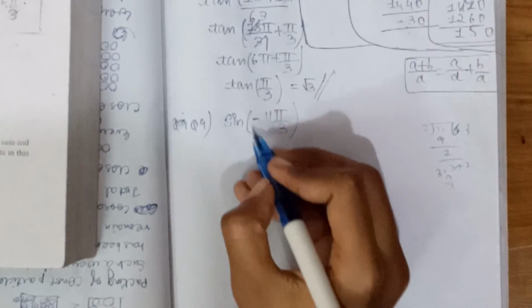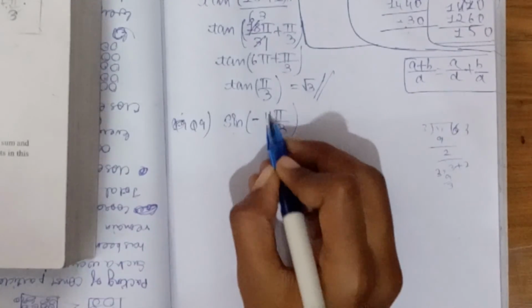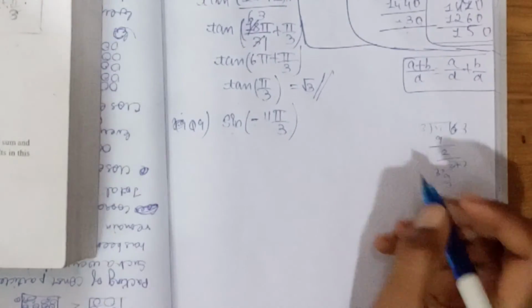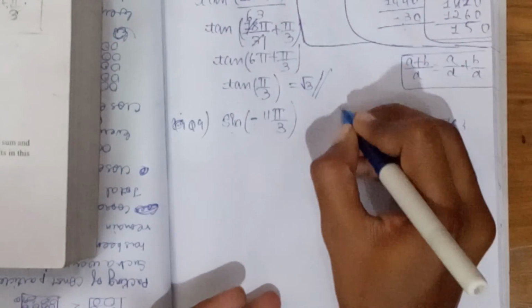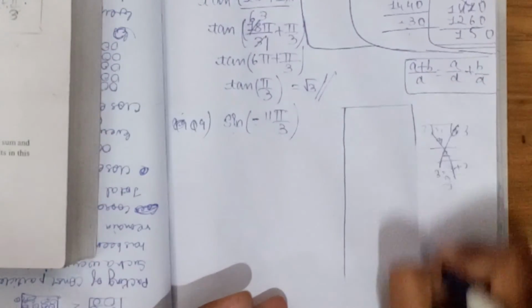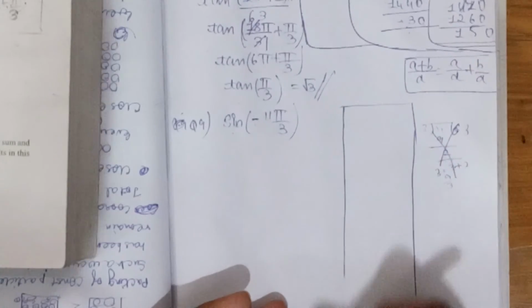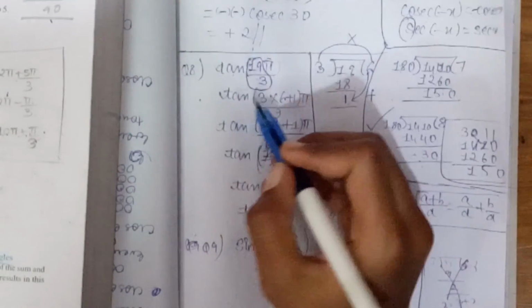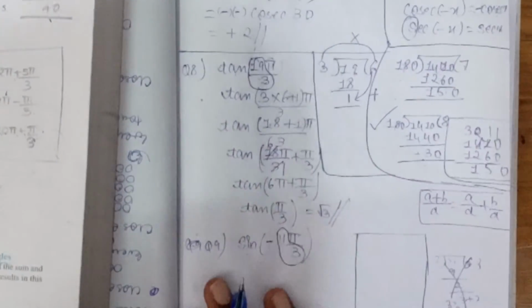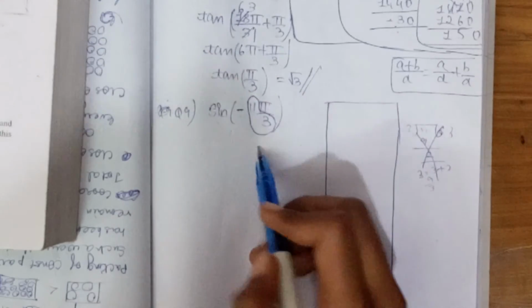The ninth question is sine of minus 11 pi by 3. How can we do it? Same procedure as in the eighth question. First of all, in rough, you divide what they have given, 11 pi by 3. Just as in the previous question we divided 19 by 3, like that you have to divide 11 by 3.